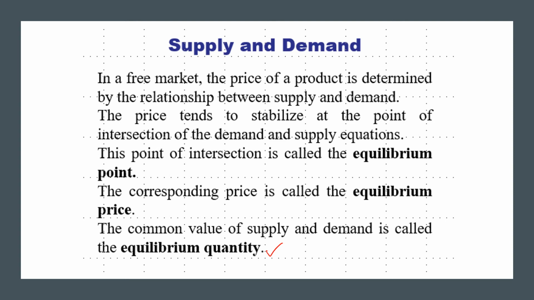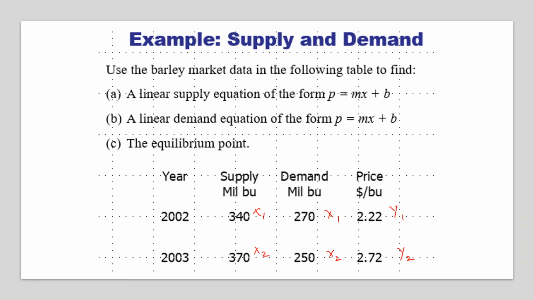That point is called the equilibrium point. So this is to stabilize the price. Suppose P equal to mx plus b is the supply equation, and again you can find the equation for the demand. You have to draw the two and find the point of intersection to find the equilibrium point.